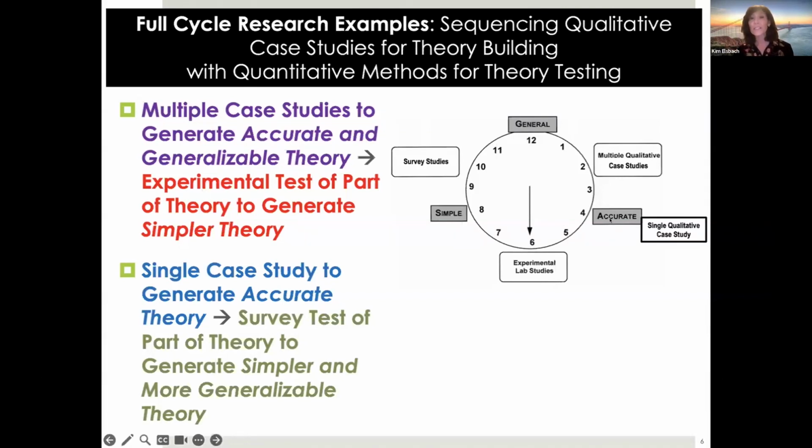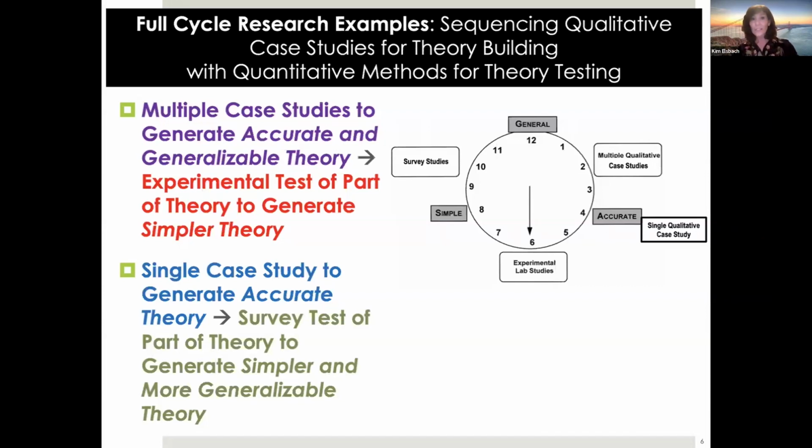Or you might sequence a single qualitative case study that gives you a very accurate theory with survey studies that provide a test of a portion of that theory to provide you with more simplicity and generalizability. So to manage these trade-offs in research methods, you can sequence in this full cycle way.